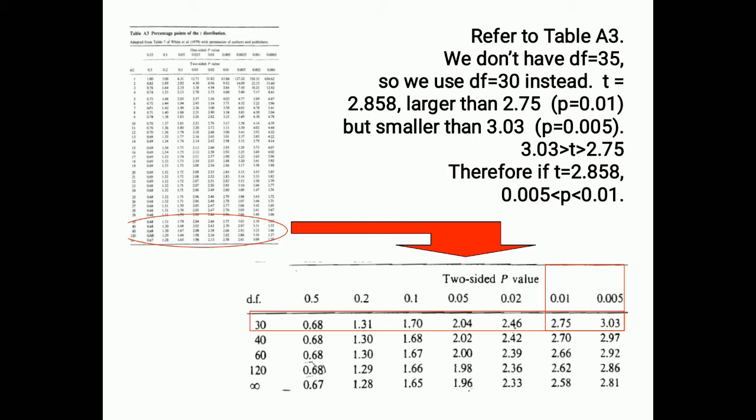It is smaller than 3.03, for which the p value is 0.005. So the t value is more than 2.75 and less than 3.03. Therefore, if t is 2.858, the p value will be less than 0.01 and more than 0.005.